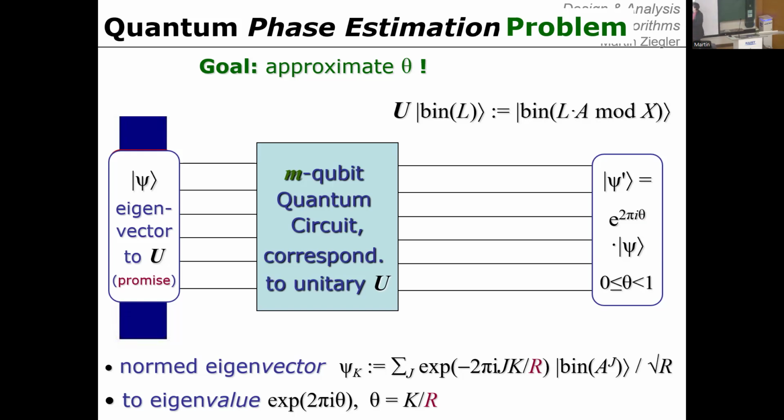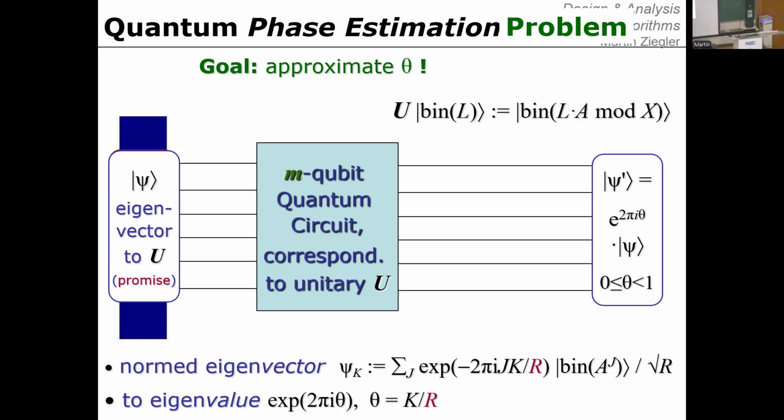But that means after having run our quantum phase estimation circuit and then performing a measurement, the result will be an approximation to this fraction k over r for some k. We have no way of telling which k, just some k between 0 and r.